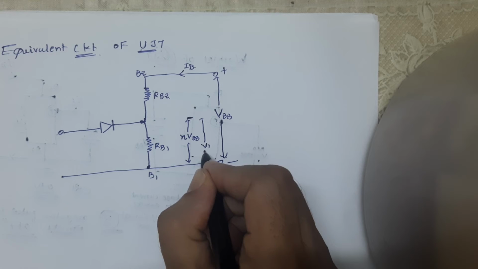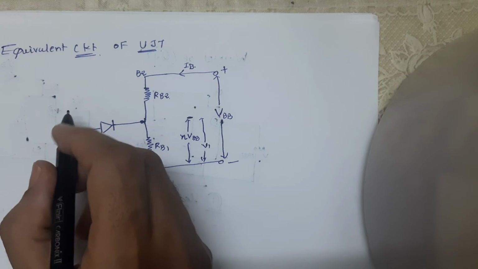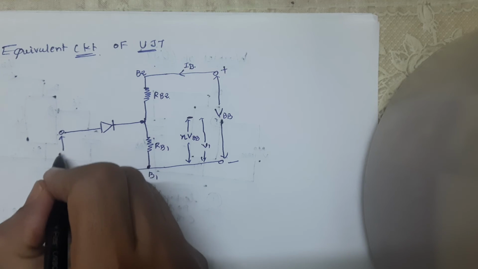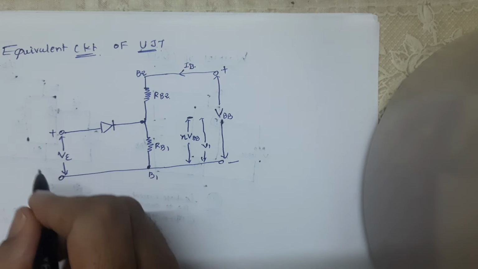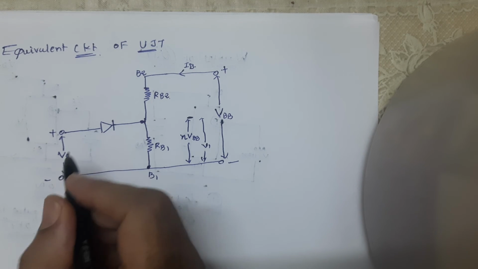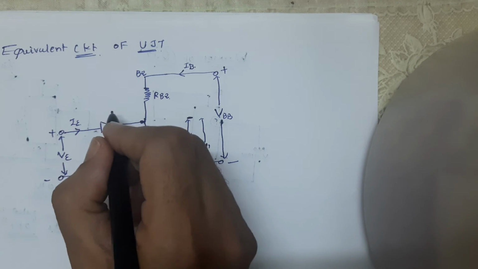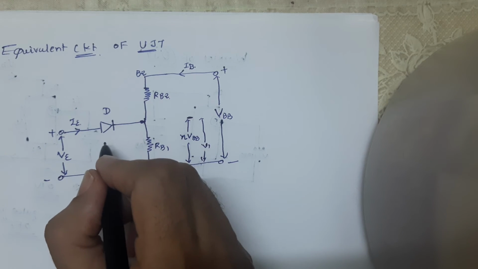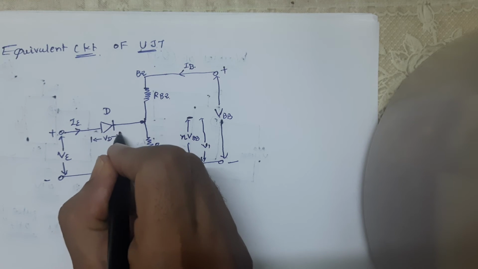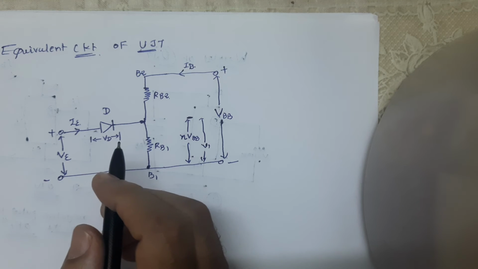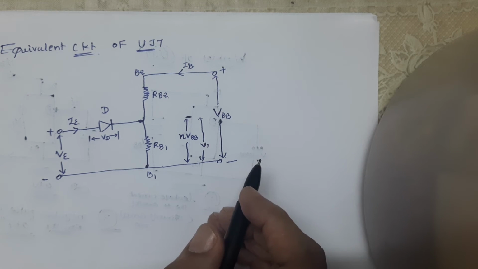Here the emitter voltage is symbolized VE, and the current is IE. It works as a diode, so there is a voltage drop VD, the voltage across the diode. In this way, this is the equivalent circuit of the UJT.